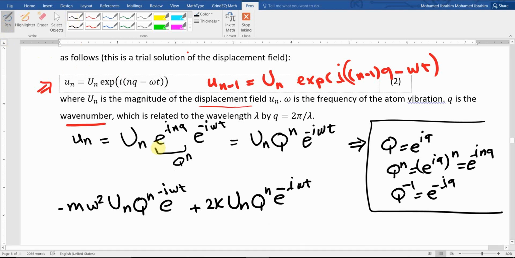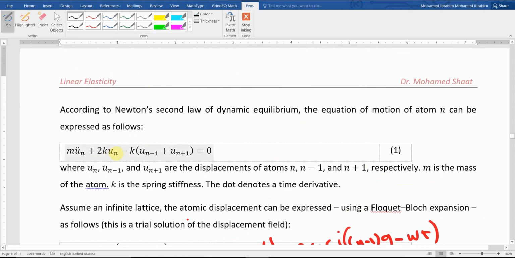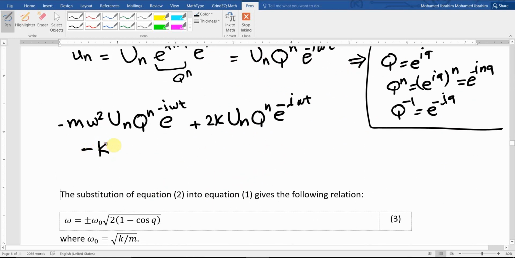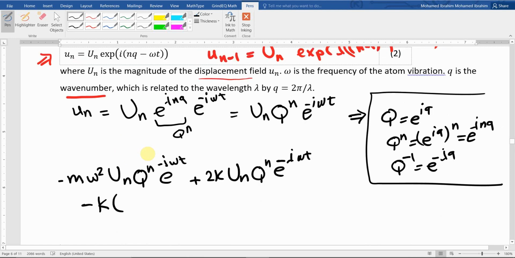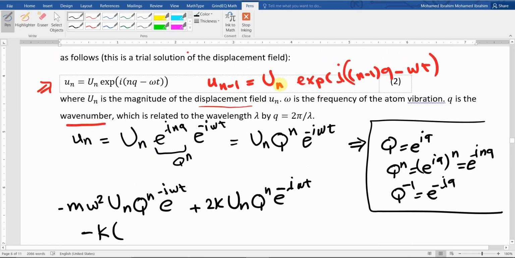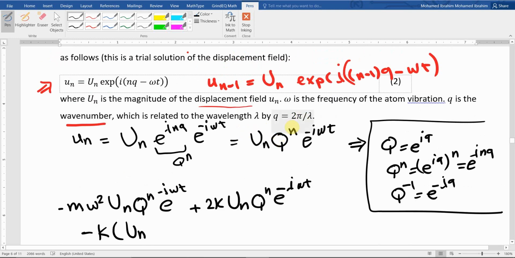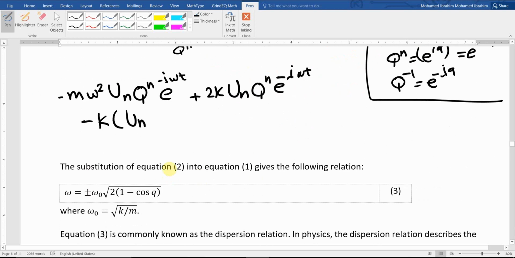So going back again, we already finished this term, then we have -k, then these two terms. If we work on these two terms, we have -k as a common factor. The first term is un-1, so we have u uppercase N, and the exponential term will be n-1. So instead of having q to the power n, it will be q to the power n-1, and we still have the e to the -i omega t.